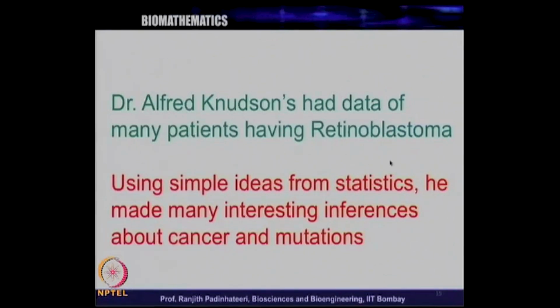He had some record data of his patients having retinoblastoma, very preliminary data, just like any doctor would write down. Typical data from a doctor would be the age and all that, and then which eye: you have both eyes, and one of those eyes will have cancer, maybe both eyes will have cancer.